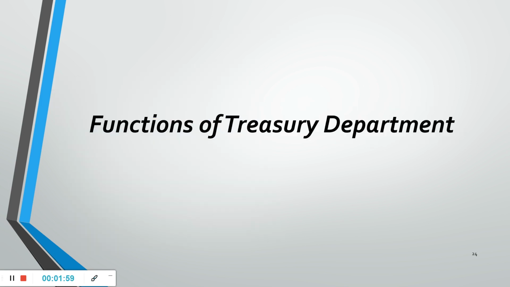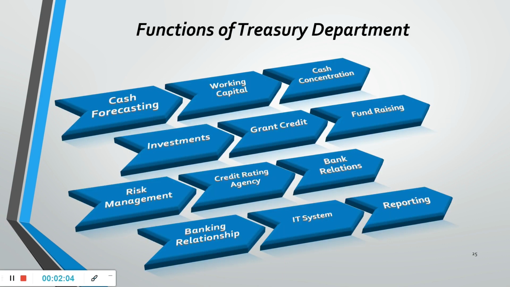Now I'm going to discuss the function of Treasury Department. The general mission of the Treasury Department is to manage the liquidity of a business. This means all the current and projected cash inflow and outflow must be monitored to ensure that there is sufficient cash to fund company operations, as well as to ensure that excess cash is properly invested.